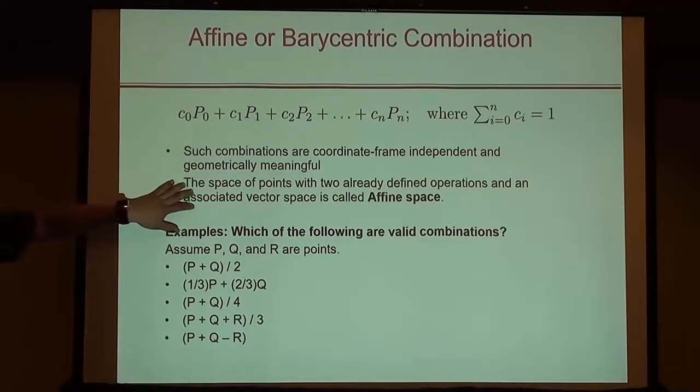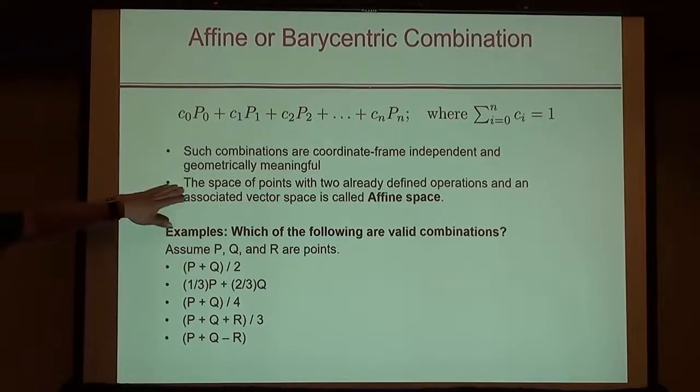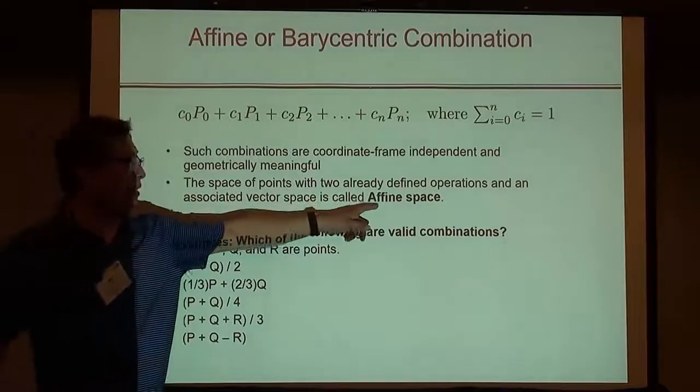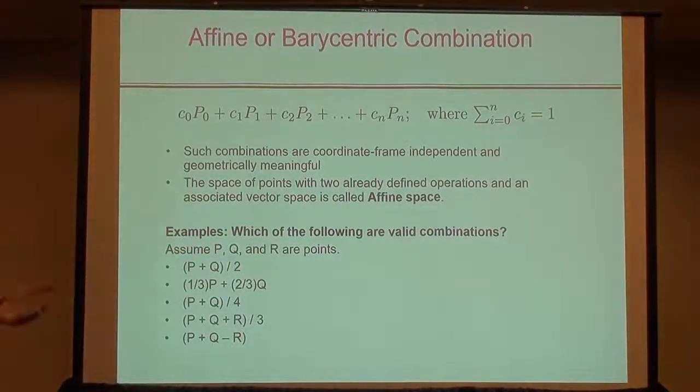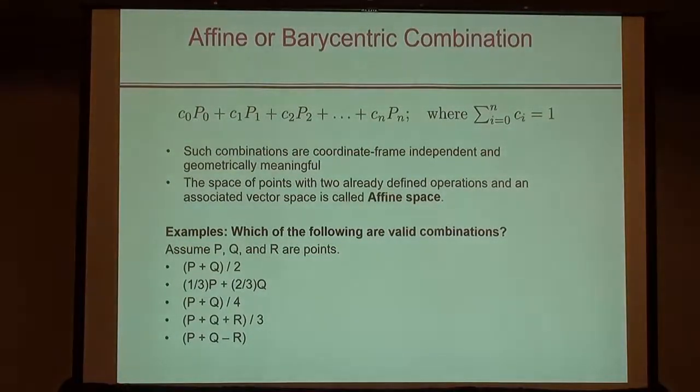Here's another terminology. The space of points is called the affine space, as opposed to vector space. It has this additional mathematical constraint.